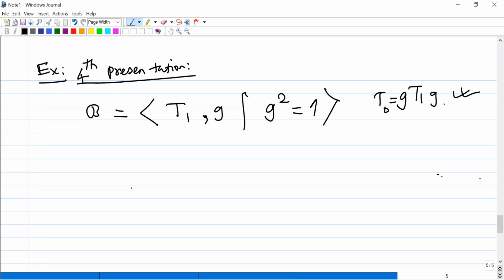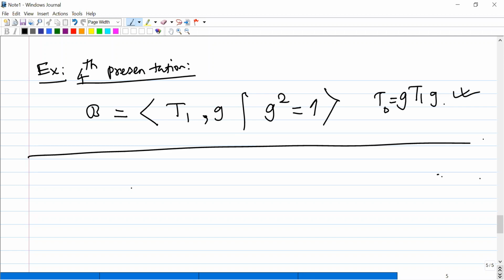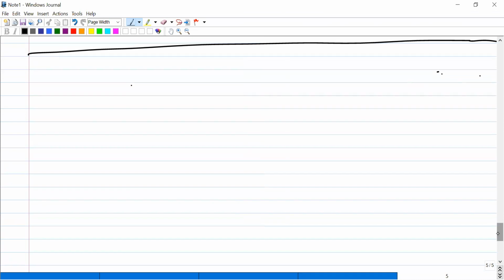Okay, so this is about the braid group. Now let's move to the double affine braid group. I'm going to give you various presentations of this double affine braid group. Because we already saw various presentations for the braid group, very similar to that, we can also have various presentations for the double affine braid group.